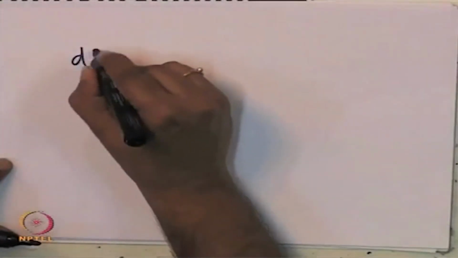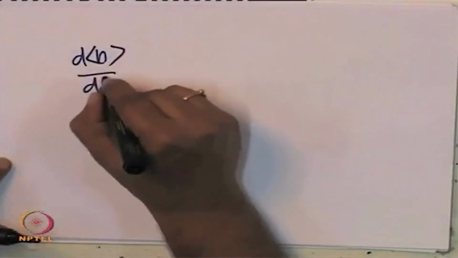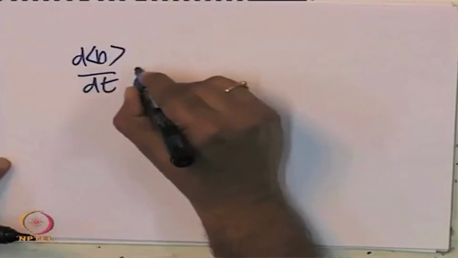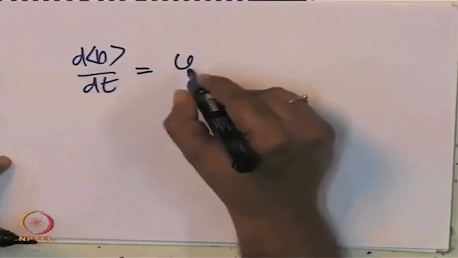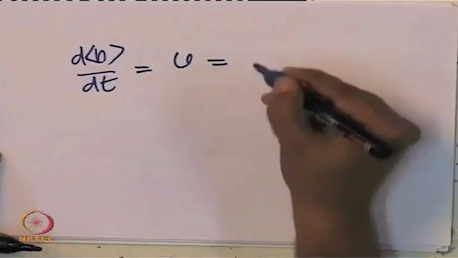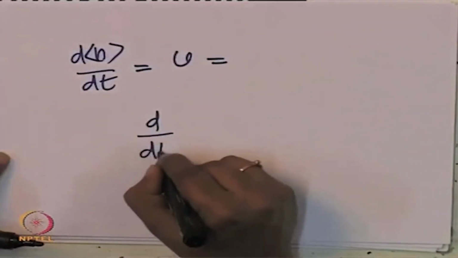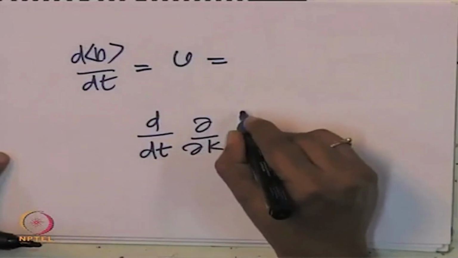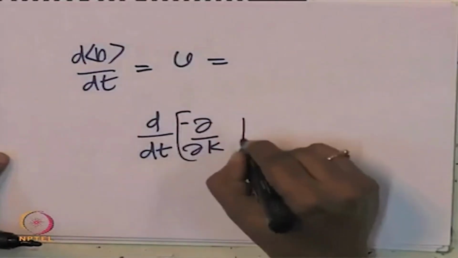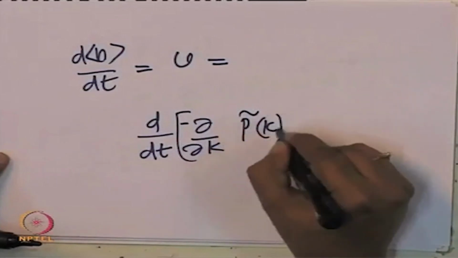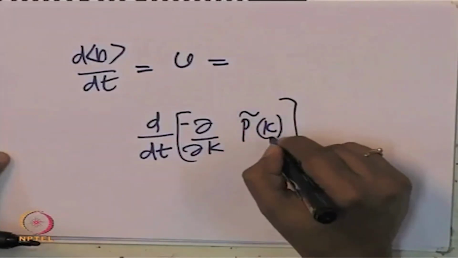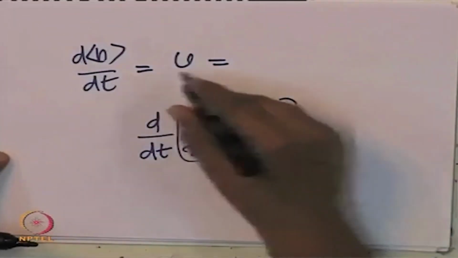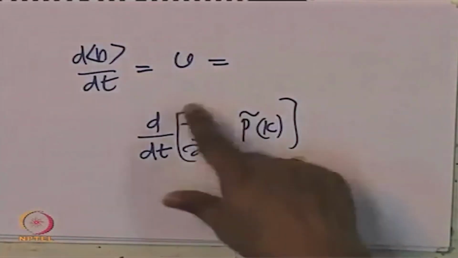You can say d n average by dt is how the average number changes. We can call this the velocity of growth, and this can be found as del by del k of minus del by del k of p tilde of k comma t. In this way we can define the velocity.